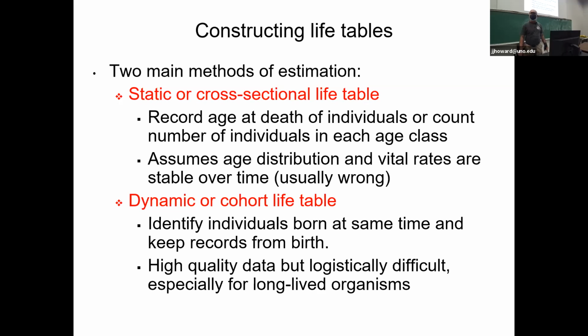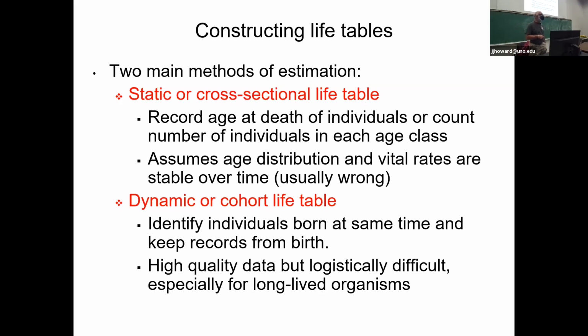And so ecologists often rely on these static tables simply because they don't have the ability to construct dynamic tables. If you think of the life cycle of white rhinos in Africa, they live, what, 30, 40 years, maybe more. How long does a National Science Foundation grant last? 2 to 3 years.